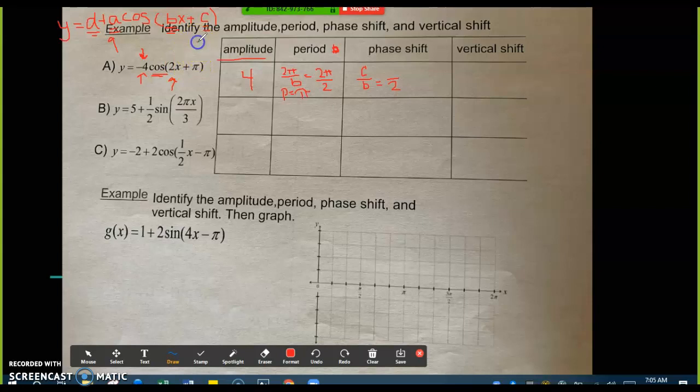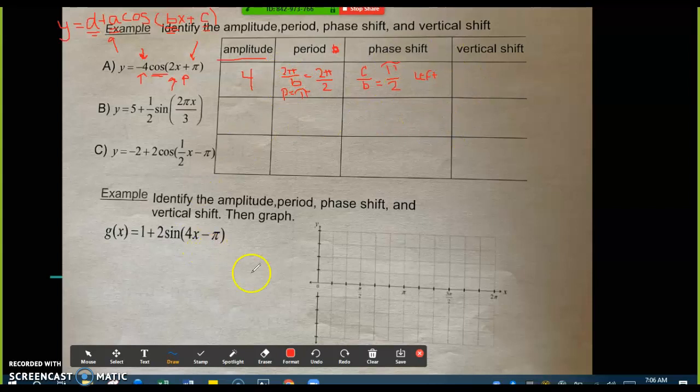So if we look inside right here at X, pi is being added. So we know that our phase shift is going to be pi over 2. Here's the deal though, are we shifting to the right or left? Well, look, we're adding. So that means that this is going to be a shift to the left. So we're moving to the left pi over 2.